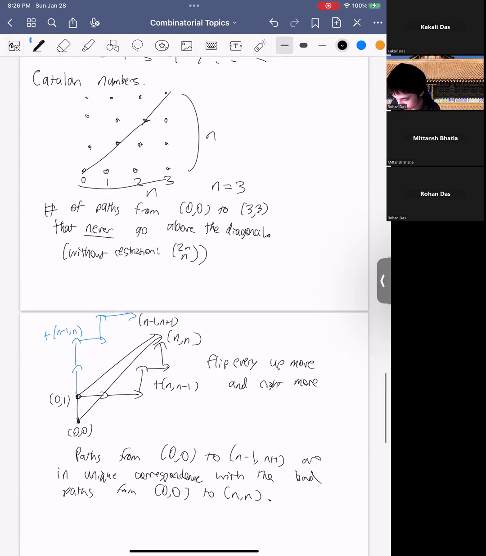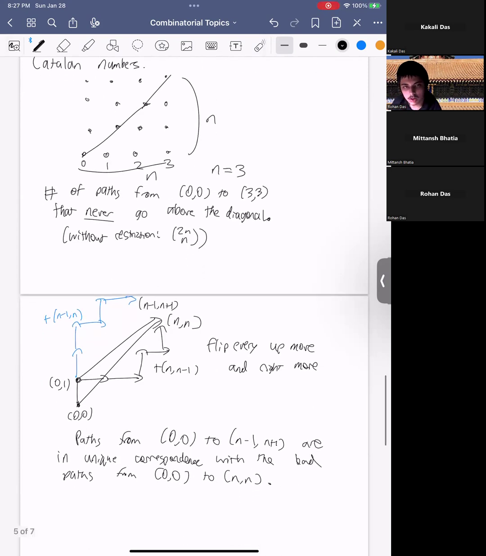And from there, the number of good paths would be 2n choose n, which is the number of total paths from 0, 0 to n, minus 2n choose n minus 1, which is the number of paths from 0, 0 to n minus 1, n plus 1.